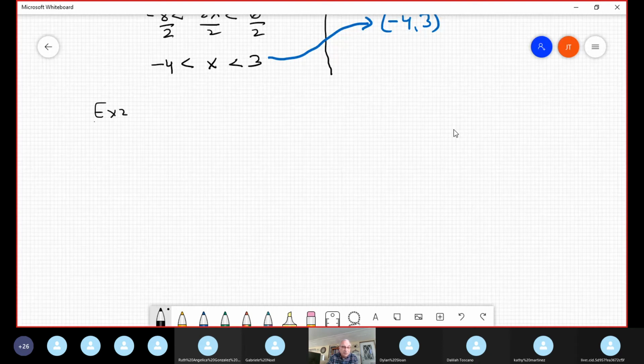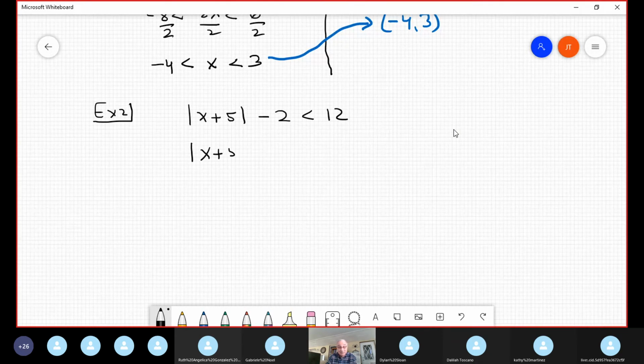Example 2 is a little bit different. It's absolute value of x plus 5, minus 2, less than 12. What should I do? Well, you isolate the absolute value. Always, it's a classic. And move 2 to the other side, it's 12 plus 2, 14.